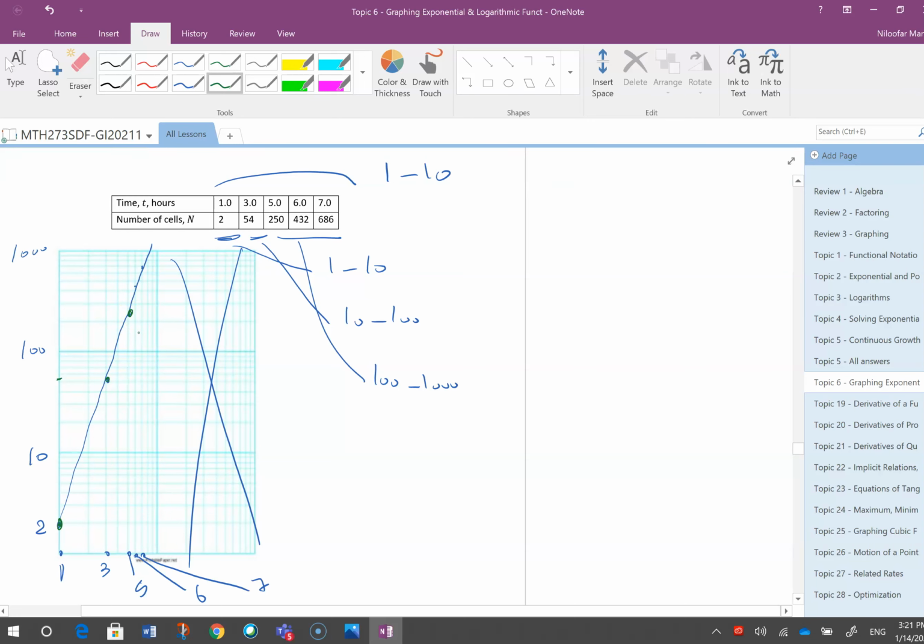It's a middle. 6, 4, 32. It's not in the middle, a little bit under the middle. Okay, so this is 100, 200, 300, 400. This one is 400, and the next is 500. And the last one, almost 700. So almost here, almost 700.